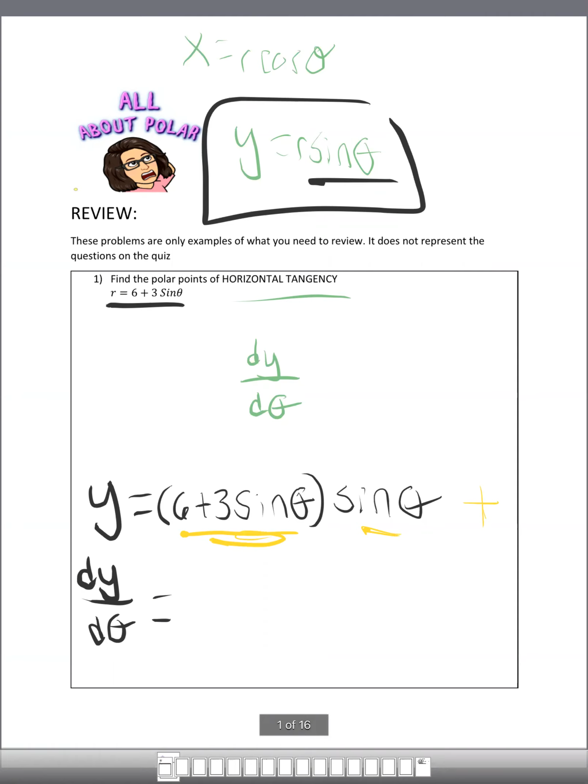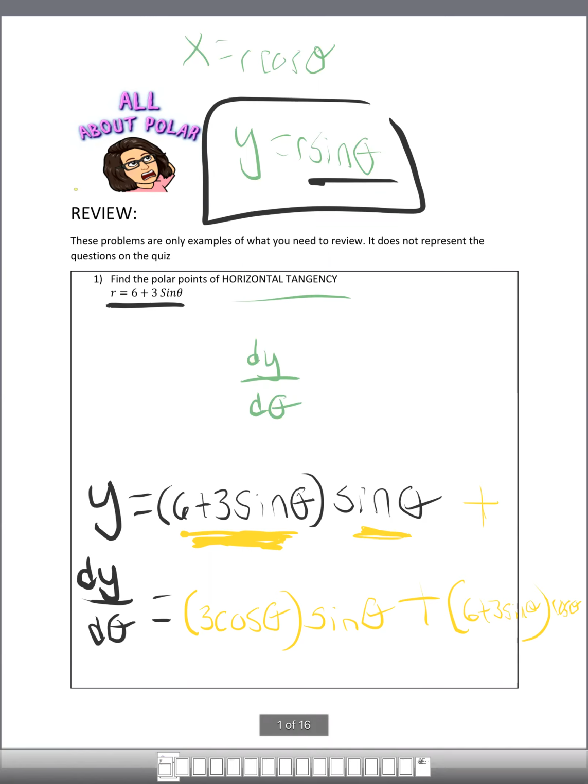So let me just do it. The derivative of this term over here is 3 cosine of theta. You keep what's over here, so sine of theta, plus you keep what's on the left, so 6 plus 3 sine of theta, and then the derivative of this term, which is cosine of theta.